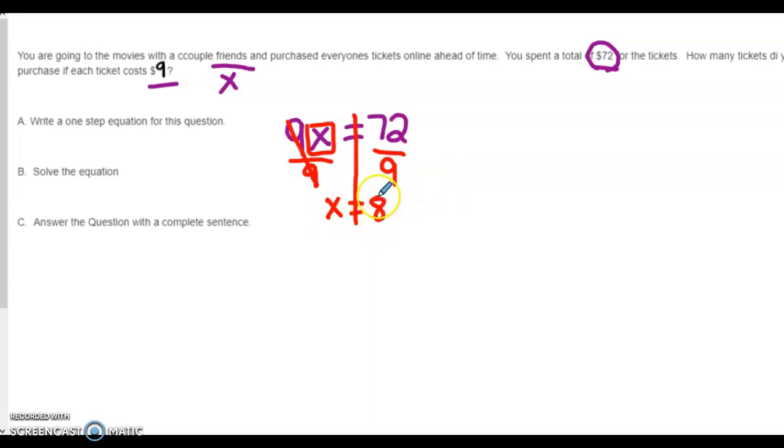That tells me, and it says to write your answer in a complete sentence, so that tells me that I am taking 8 friends. It says, how many tickets did you purchase? So you can either say, I'm taking 8 friends, or you could say, I purchased 8 tickets.